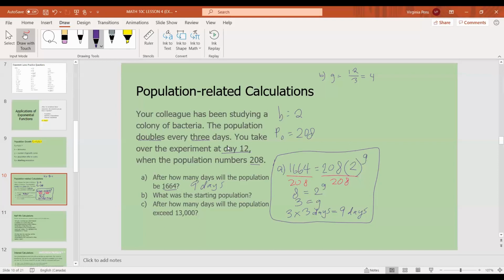Let's just write this out first. So you are looking for the starting population. So P at n, and you were given a starting population of 208. And what is the behavior?